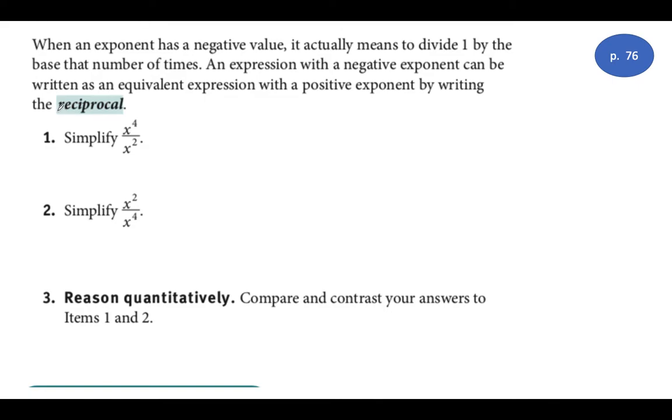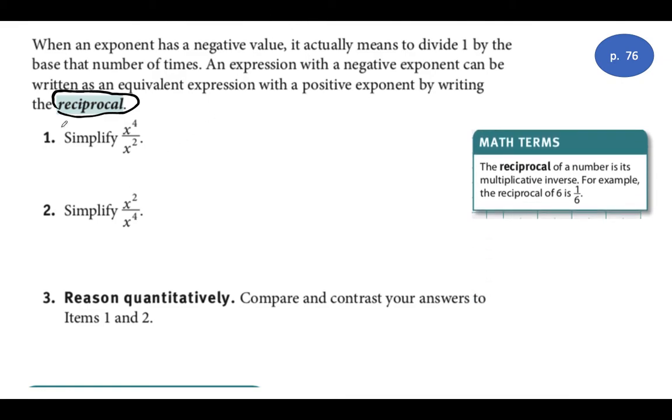The way we are getting our power to the other side of the division bar is we are taking the reciprocal. The reciprocal of a number is the multiplicative inverse. I don't know if that's helping you. Most people think of reciprocal as the flip of the fraction, like when we keep, change, flip when we're dividing fractions, we're taking the reciprocal of the second fraction.